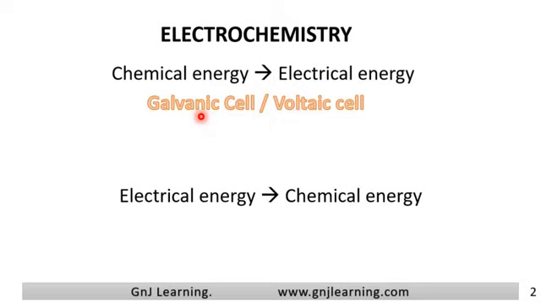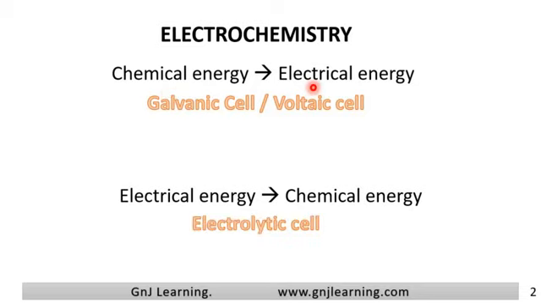Galvani laid the basic principles of electrochemistry, and Volta first constructed an electric battery. So the device is named after them to honor them. And what is the role of the device? It will convert chemical energy into electrical energy.